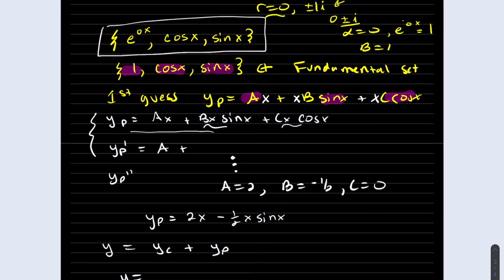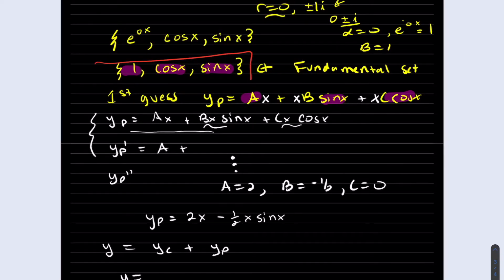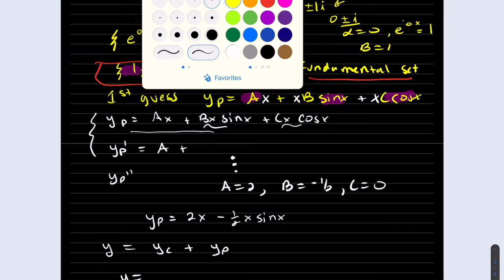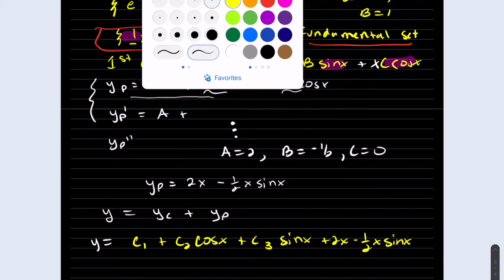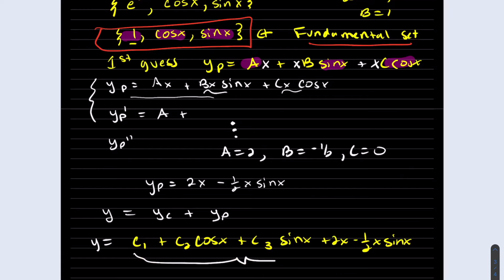So my yc is c1 times 1 plus c2 times cosine of x plus c3 times sine of x, plus my yp. And we're not quite done.